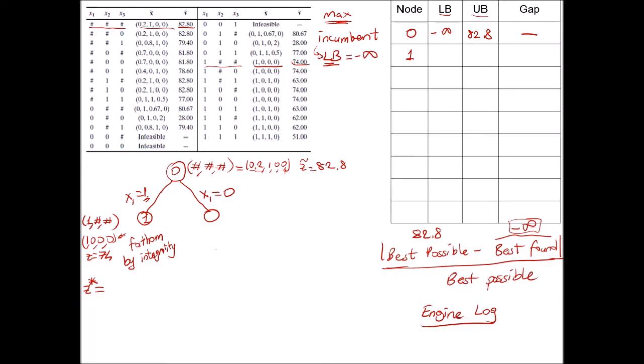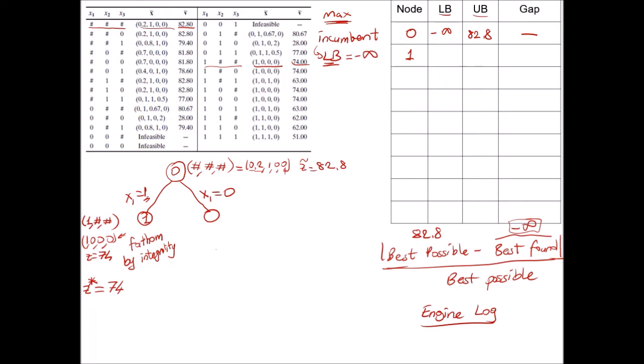But at this time, I have an integer solution with an objective value of 74. Now I need to compare the 74 with the previous one, which is negative infinity. Which one is better? For a maximization problem, 74 is better. So it means that I am updating my incumbent solution to 74.